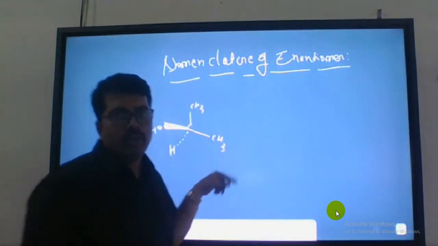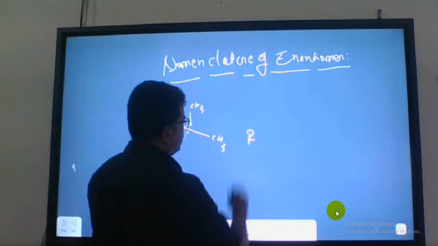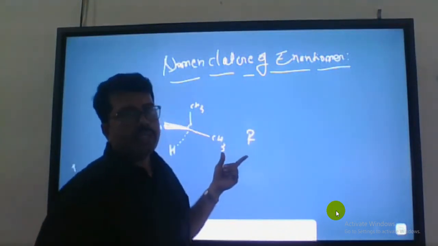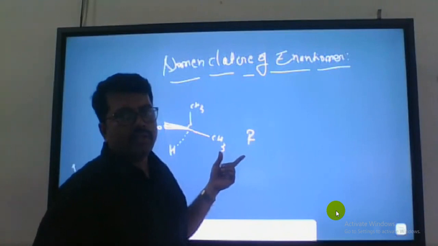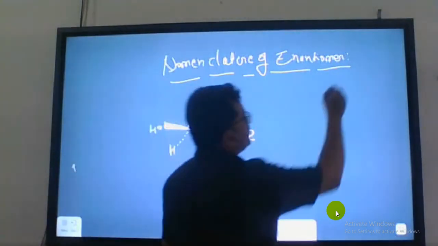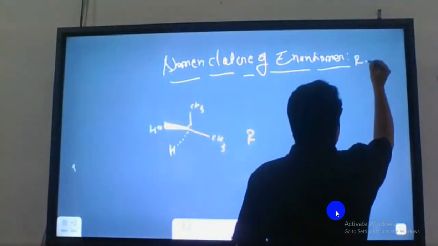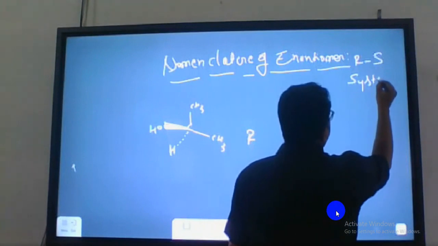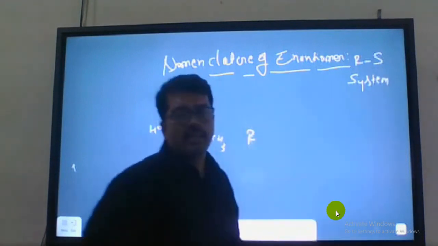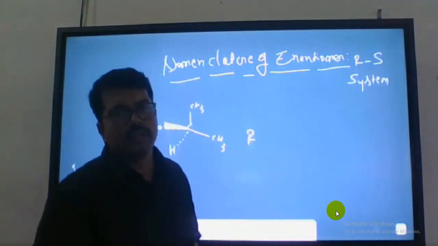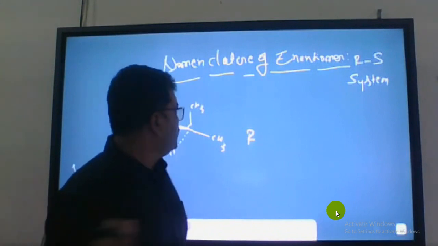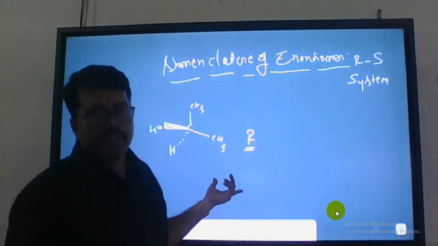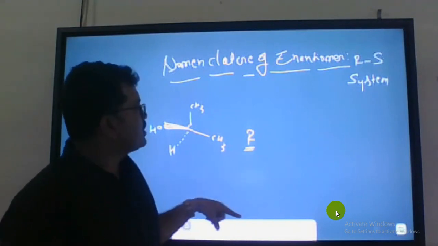The nomenclature of enantiomers is called the RS system. If one has R configuration, then the other must have S configuration.